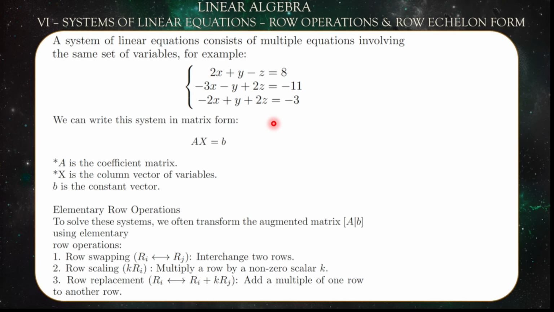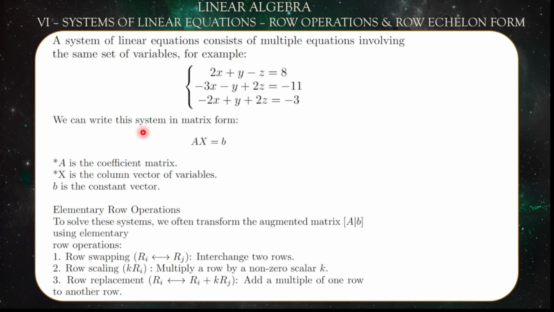Okay. So a system of linear equations consists of multiple equations involving the same set of variables. For example, you have 2x plus y minus z equals 8, minus 3x minus y plus 2z equals minus 11, minus 2x plus y plus 2z equals minus 3. Three equations having each three unknowns or three variables.